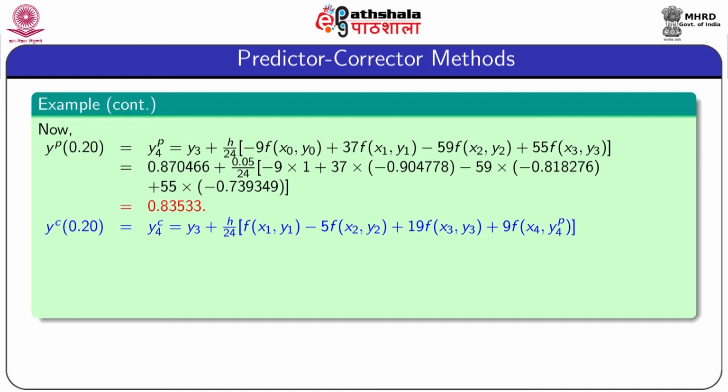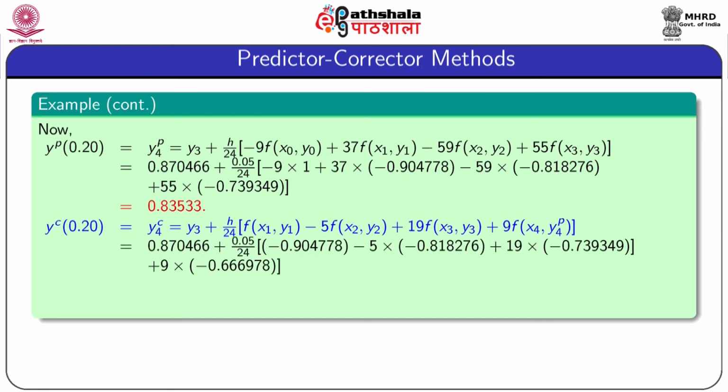Now we use the corrector formula. This is the corrector formula to update the value of y at x equal to 0.20. In this formula we have substituted the values of y3, f of x1 y1, f of x2 y2, f of x3 y3 and f of x4 y4p. y4p is determined in the previous formula, the value is 0.83533.